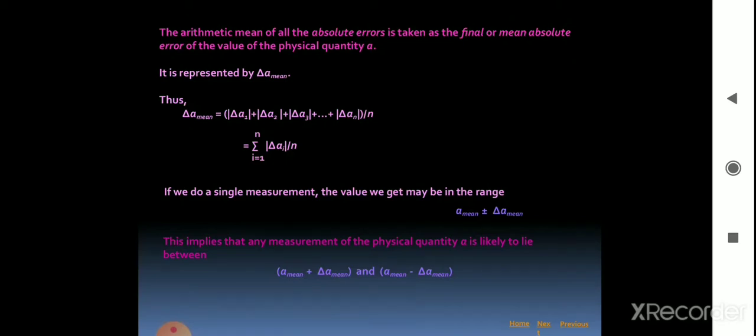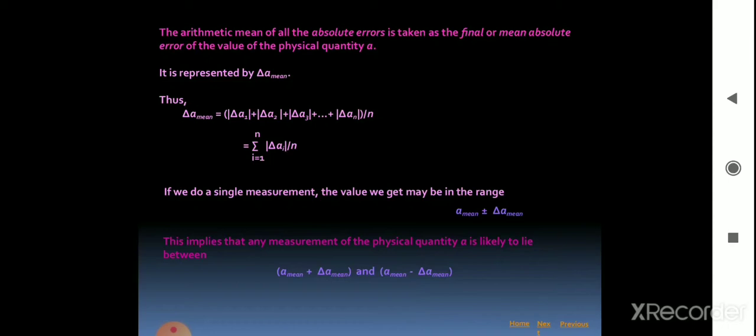If we do a single measurement, the value we get may be in the range of A mean plus or minus delta A mean. This implies that any measurement of the physical quantity A is likely to lie between A mean plus delta A mean and A mean minus delta A mean.